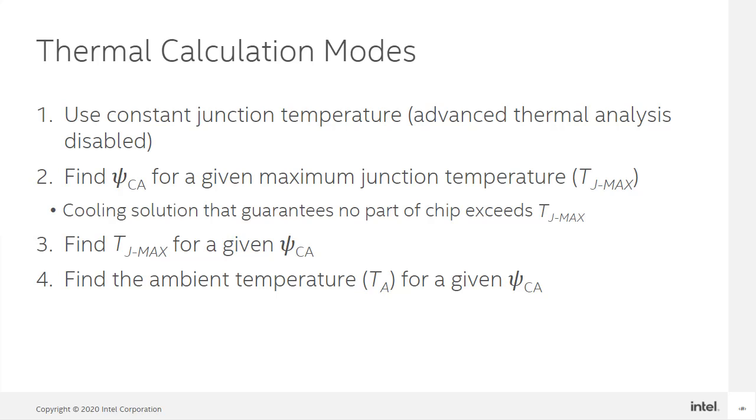Specify a psi-CA value and the tool will calculate the maximum junction temperature expected for any of the dies with a cooling solution implemented with that value. The final mode calculates what the ambient temperature around the device will be when a cooling solution with the given psi-CA is used. You can switch the calculation mode at any time, and the tool will recalculate on the fly.